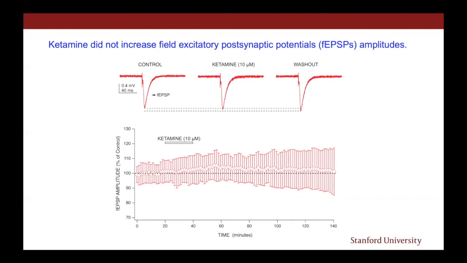In fact, during drug application, ketamine actually produced a small increase in field excitatory postsynaptic potential amplitudes, as opposed to the decrease seen during drug application for population spikes. However, ketamine was not able to produce a sustained increase in FEPSP amplitudes during washout like that seen for population spike amplitudes. Thus, we decided that potentially the mechanism that could be causing ketamine's effect is not at the synapses, but rather postsynaptically.